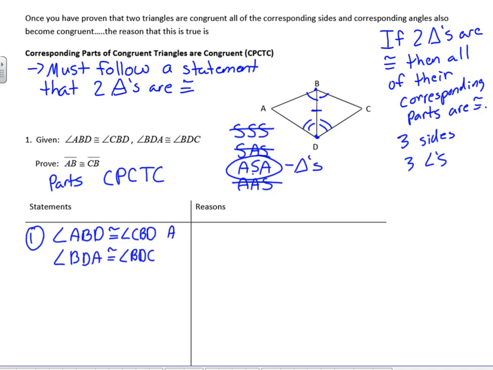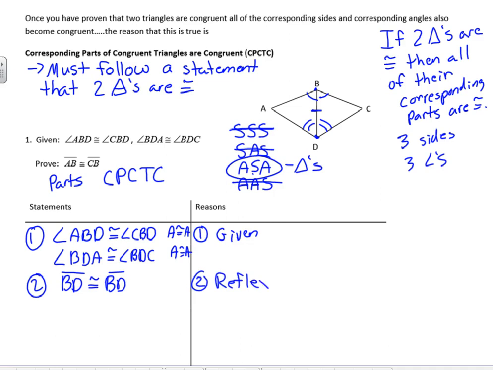So we've got an angle congruent to an angle, and that's our given. We need to get a side. The side we get by the reflexive property. So we have BD congruent to BD. That's true because of the reflexive property.